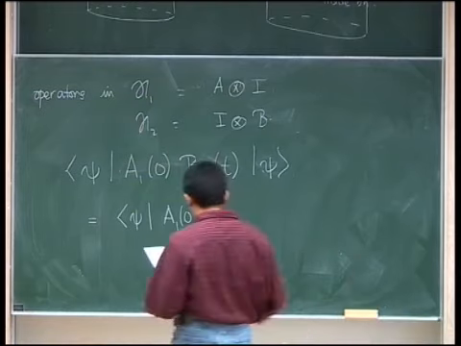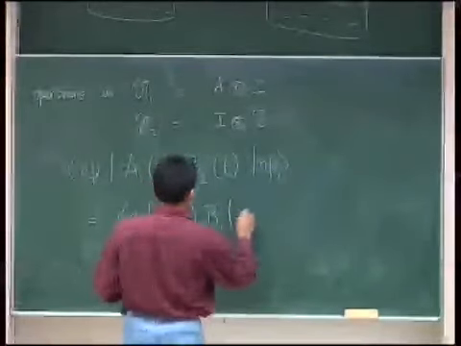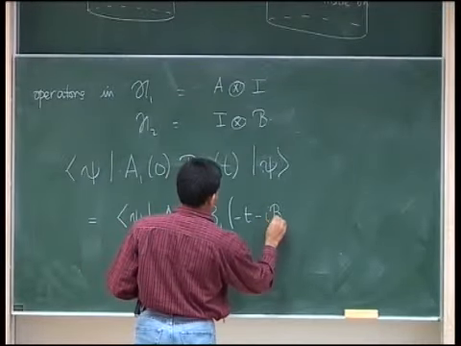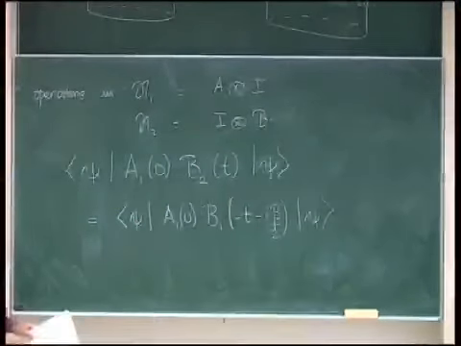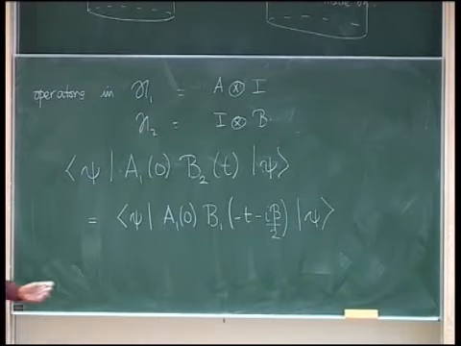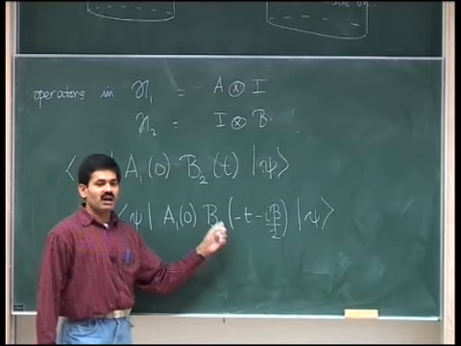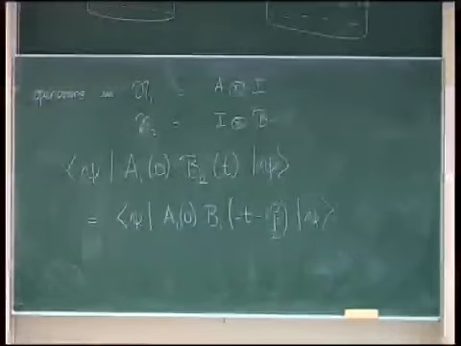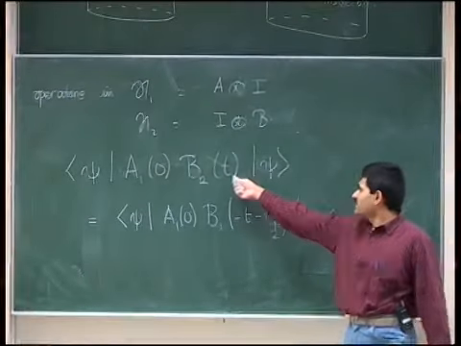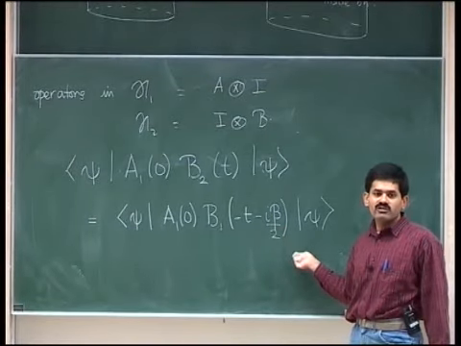So I claim that this correlation function I've written here is equal to a different correlation function where both operators A and B are inserted now in the same boundary. I evaluate the correlation function and then analytically continue the time variable by half an imaginary period.